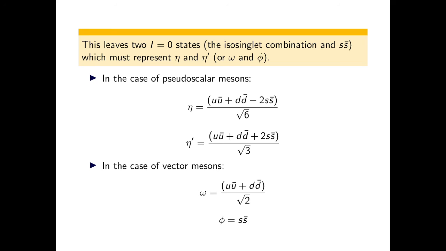In the case of pseudoscalar mesons, eta is equal to (uu-bar plus dd-bar minus 2 ss-bar) by root 6, and eta dash is equal to (uu-bar plus dd-bar plus ss-bar) by root 3. And in the case of vector mesons, omega is (uu-bar plus dd-bar) by root 2, and phi is equal to ss-bar. Okay, next slide.